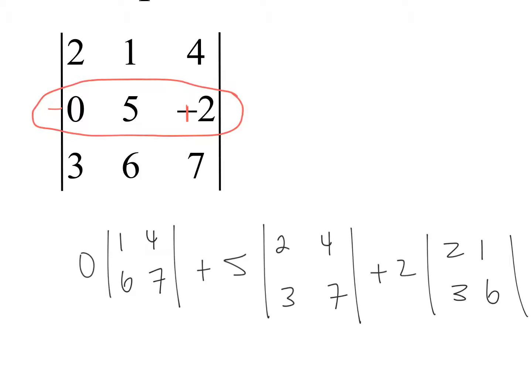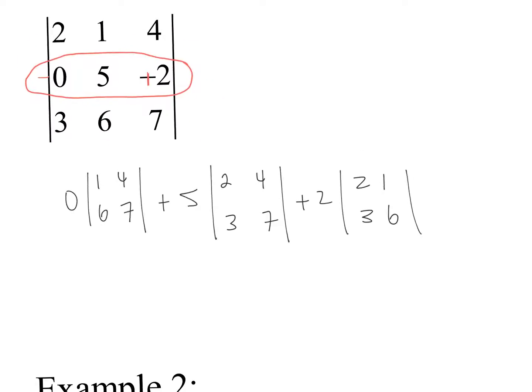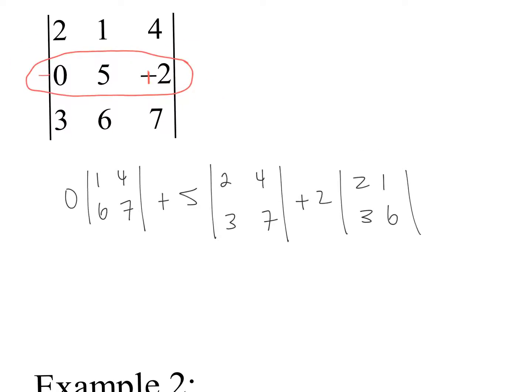Okay, so from here, this is what we've already done. The whole reason you want to pick a row or a column that has a 0 in it is because 0 times anything is 0. So think back to what you know about what these bars mean. What do these bars mean that I put into my little formula here? That means determinant, right? And we already found the determinant. So what I'm doing is 0 here times the determinant of this matrix.